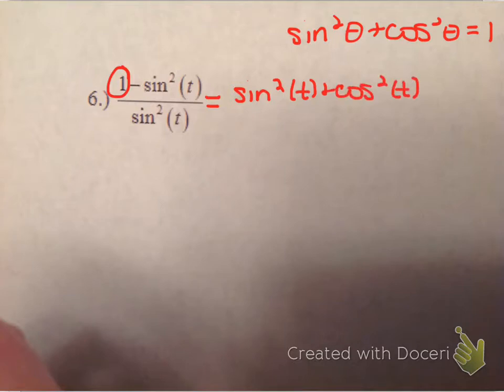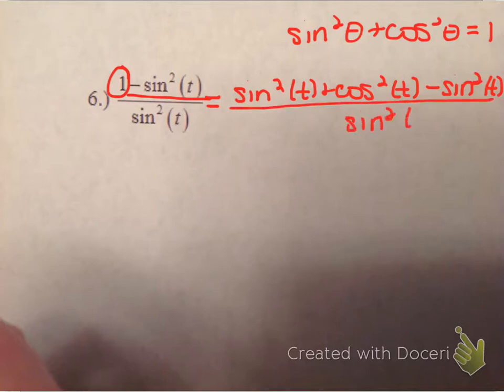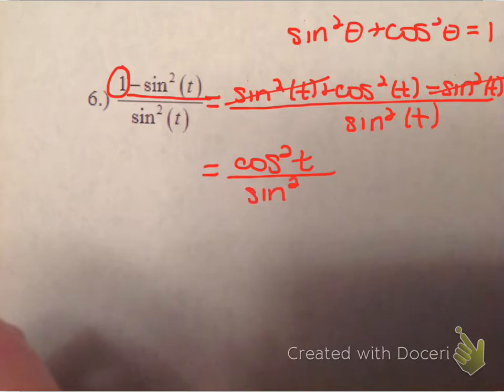The numerator still had that minus sine squared right there, so I rewrite that part, and it's all over sine squared of t. What's going to happen is in the numerator, these two sine squareds are going to add up to 0, and they're going to cancel. So we will have cosine squared of t left on top and sine squared of t left on bottom.